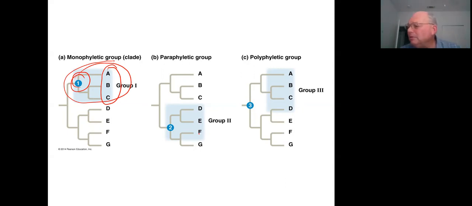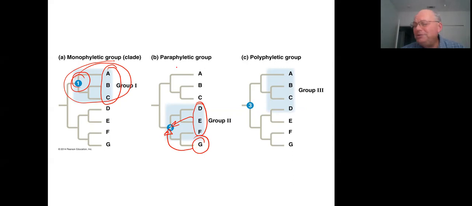So when we take a look at this grouping, these individuals do all share a common ancestor. But the problem with this is that this group, G, also shares this common ancestor, but notice it is not included in the clade as it is defined by D, E, and F. G is specifically excluded.